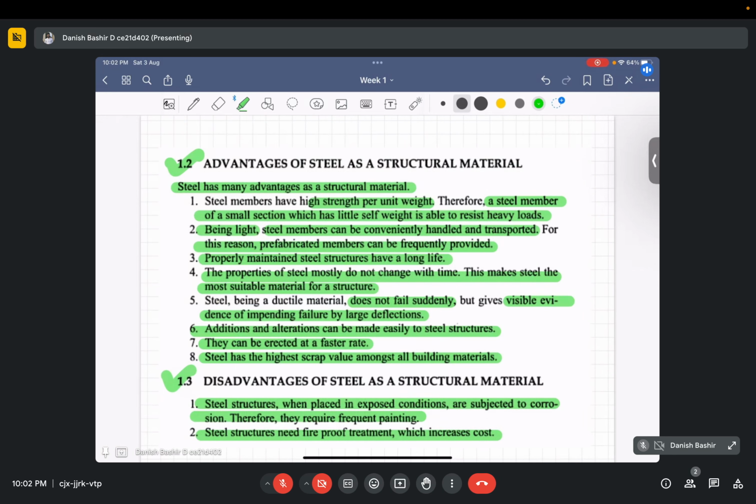So this was the advantages and disadvantages of steel structures. Then we have structural steel that is available to us in the market.